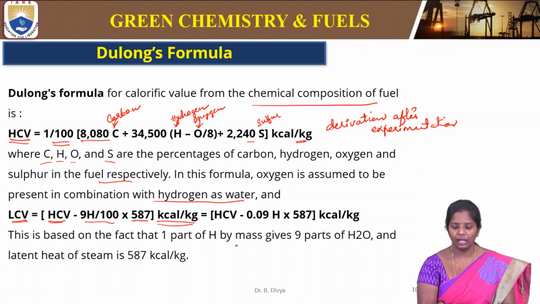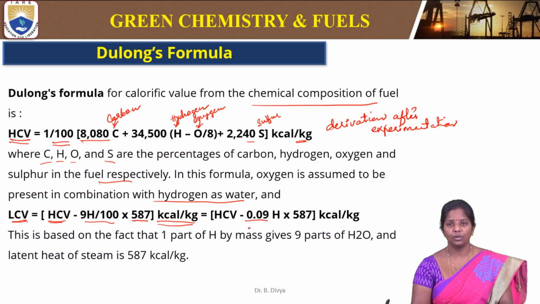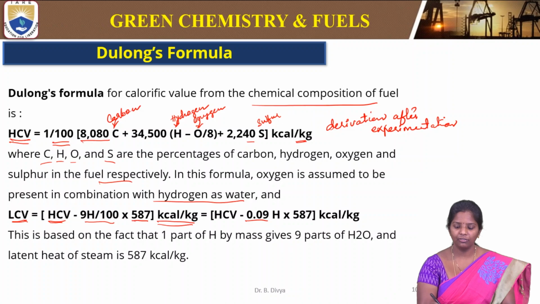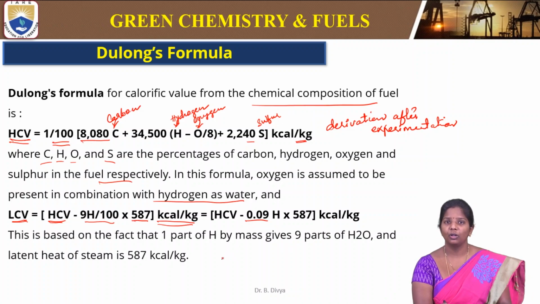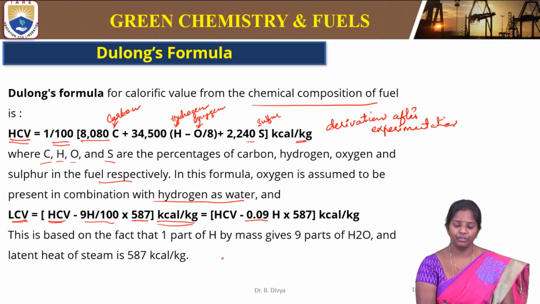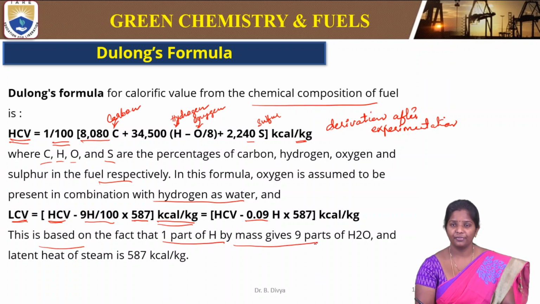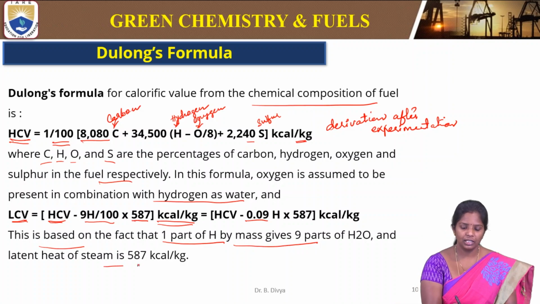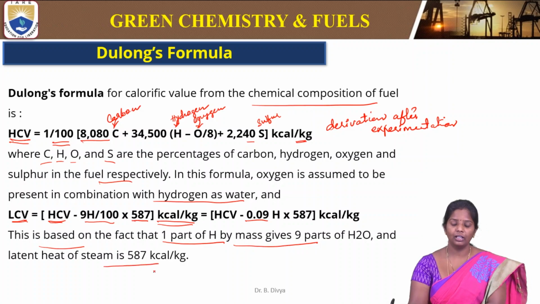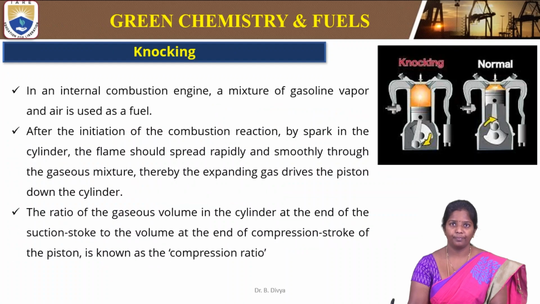This is again converted to 0.09 H into 587. This gives an understanding of both the higher and lower calorific value of a particular fuel. It is based on the fact that 1 part of hydrogen by mass gives 9 parts of water, as we have seen in the equation, and the latent heat of steam is 587 kilocalories per kg.